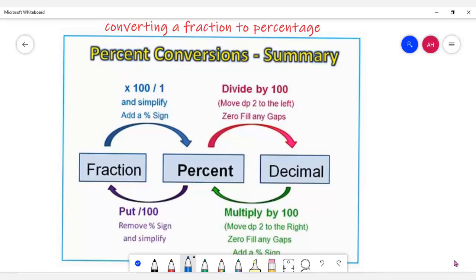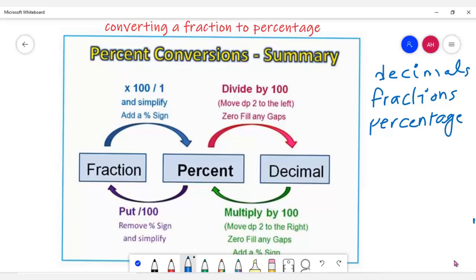We said that a rational number can contain decimals, fractions, or percentage. How can I change from one of them to the other? Let's see.